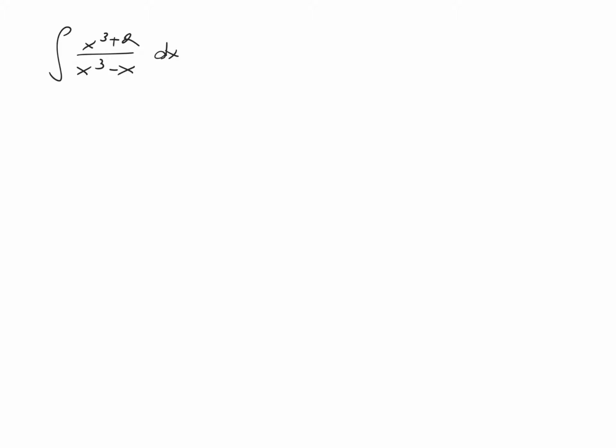Either you perform the Euclidean division, or you can apply a trick in this case. So we just take this integral, x to the power 3 plus 2, and on the bottom we have x to the power 3 minus x. What we want to do is reduce the maximal power. What we can do is do minus x plus x, so actually we just add 0.